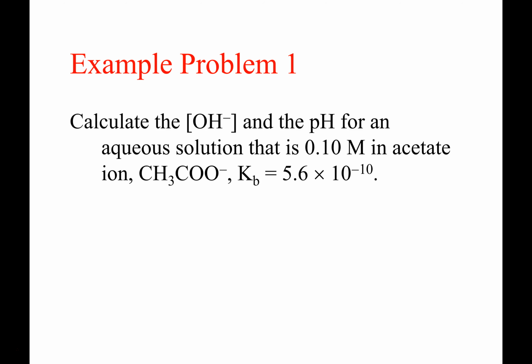The Kb is given, and you know we can write any equilibrium constant expression. It looks like this: CH3COOH, that is acetic acid, times hydroxide ion, divided by CH3COO⁻.